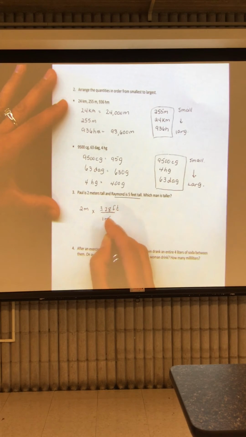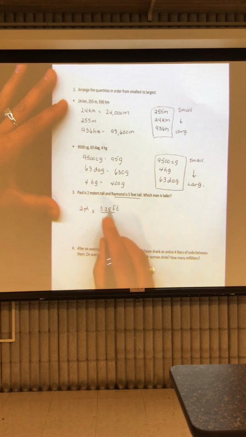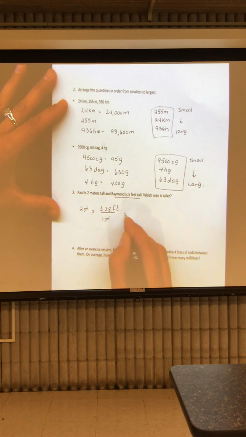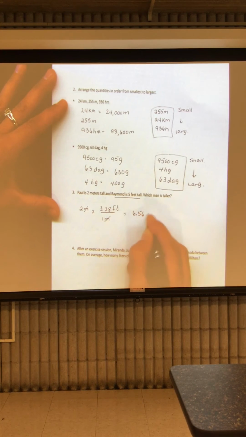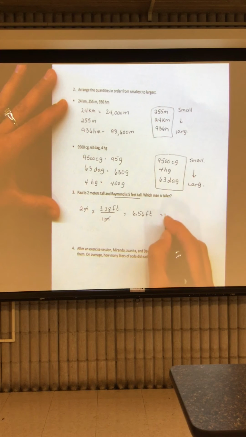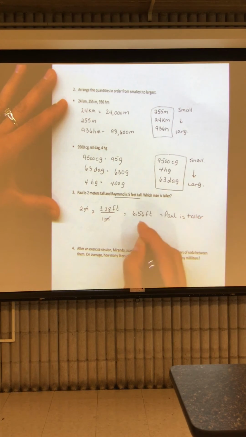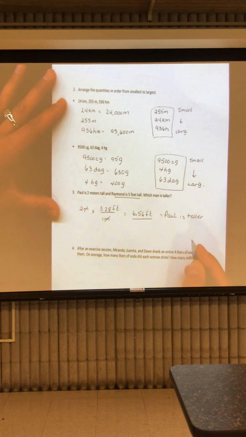We write the meter on the bottom so they can cancel. Doing the calculations, 2 times 3.28 is 6.56 feet. We know Raymond is 5 feet. Therefore, Paul is taller because he is 6.56 feet.